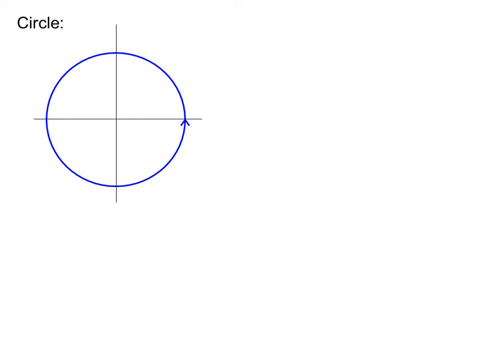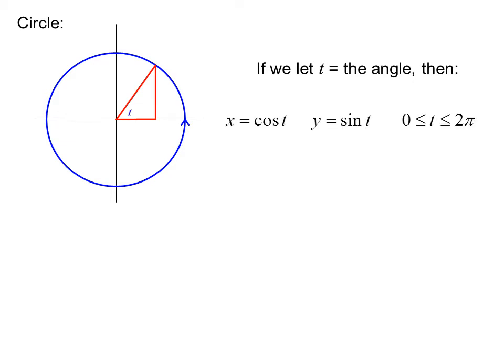For a circle, if we let t be the angle, then we can draw a triangle, and x is equal to the cosine of t, y is equal to the sine of t, where t goes from 0 to 2 pi.